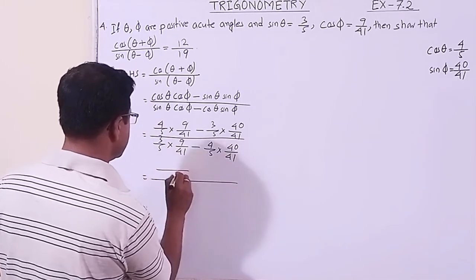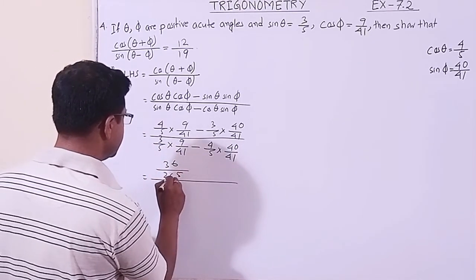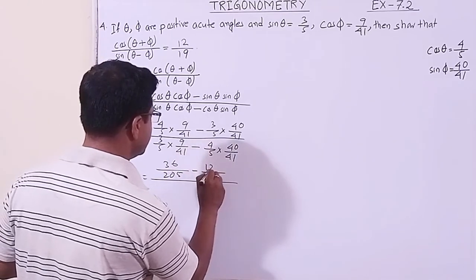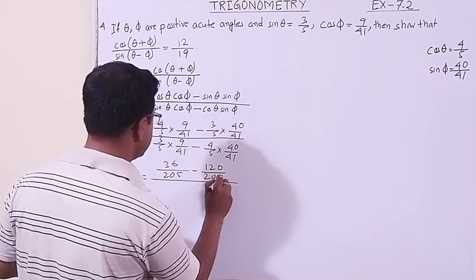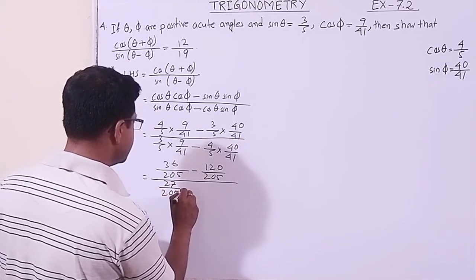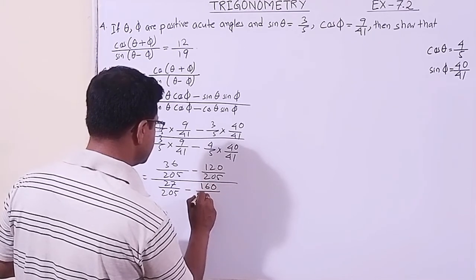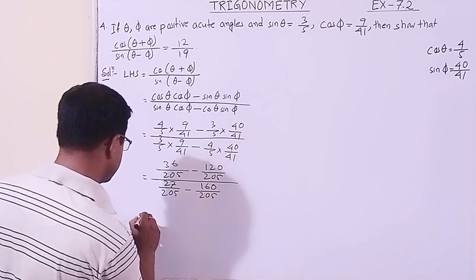Let us multiply: this is 36 over 205 minus 120 over 205, and 27 over 205 minus 160 over 205.